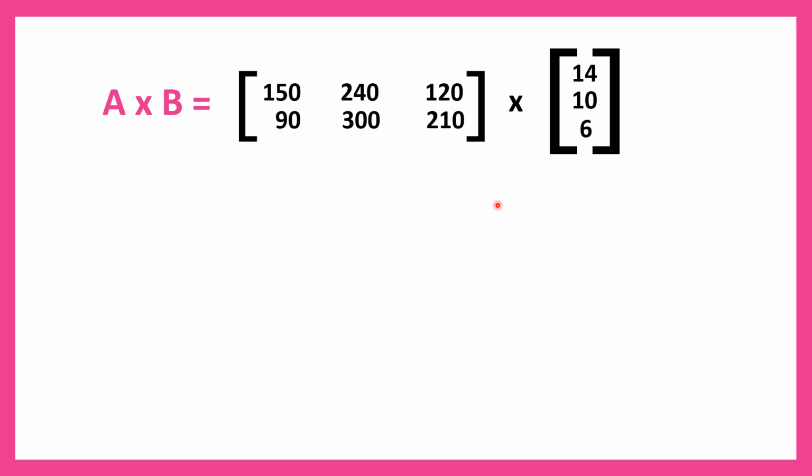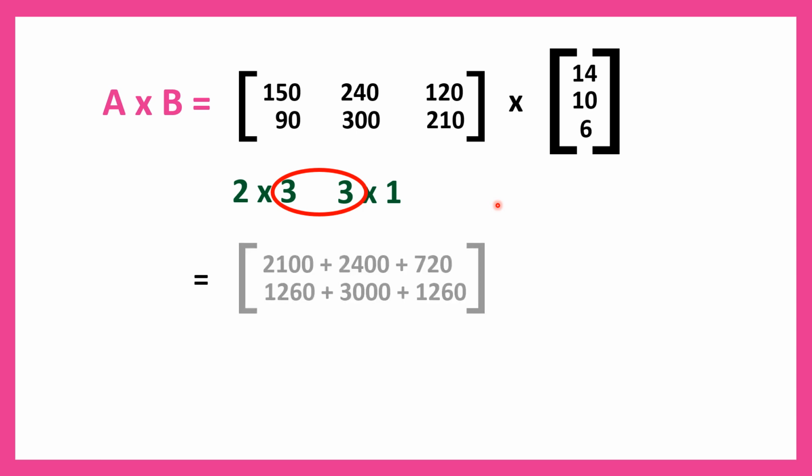And our next step is to check whether this multiplication is possible. For that we have to consider the order of both the matrices. A matrix is of order 2 by 3 and B matrix is of order 3 by 1. And the number of columns of A matrix is equal to the number of rows of B matrix. Hence, the multiplication is possible.